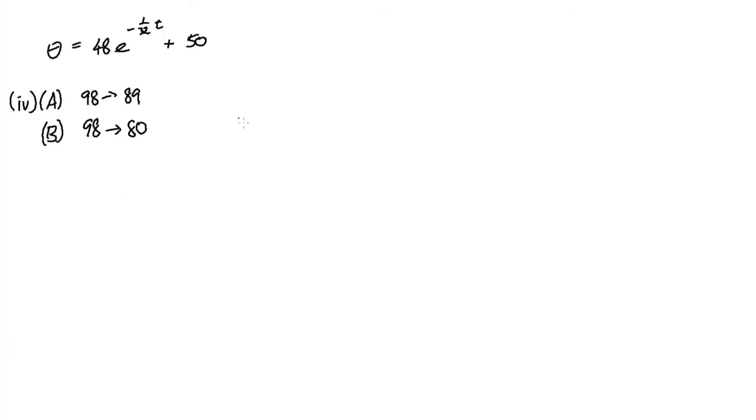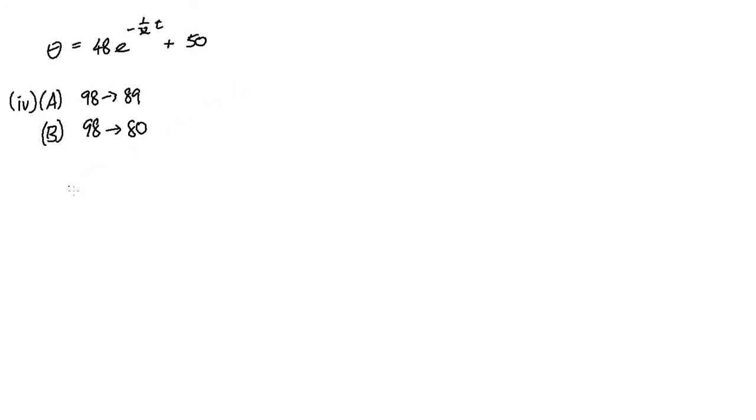Okay, so let's use what we know to find out the change in time. We know that theta at t equals 0 is 98 degrees, so we only need to find the t that corresponds to these two values. Let's do part A first.